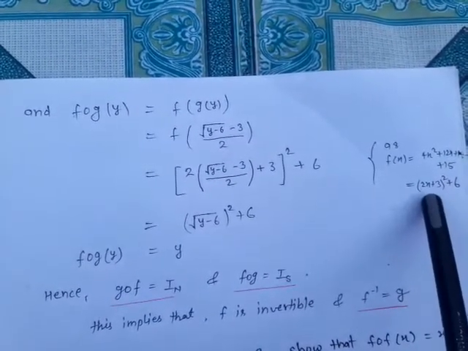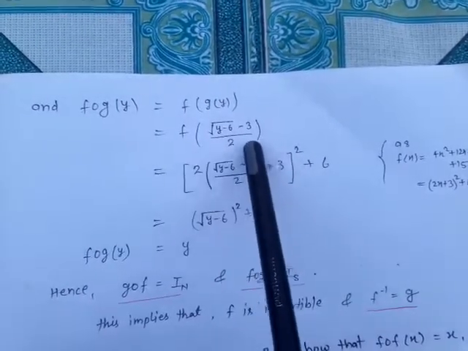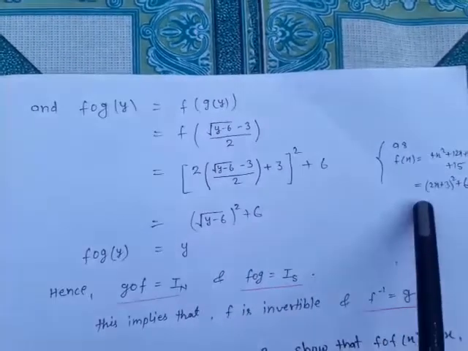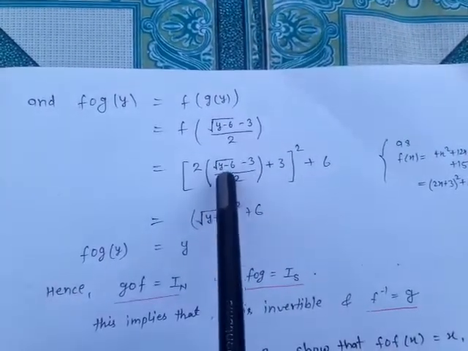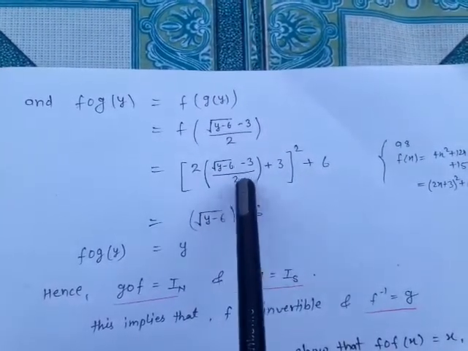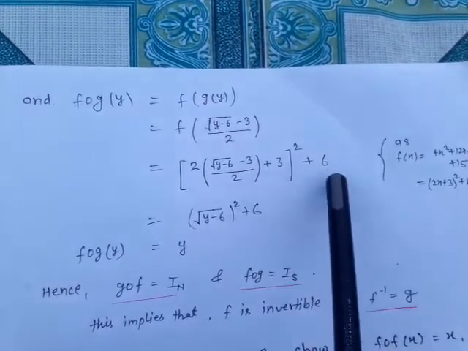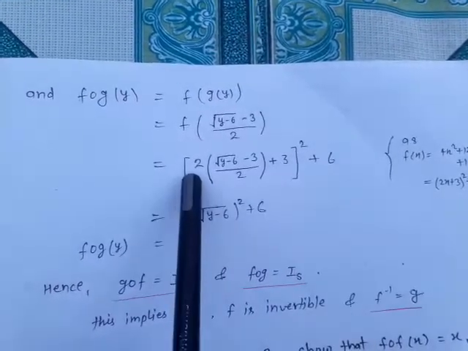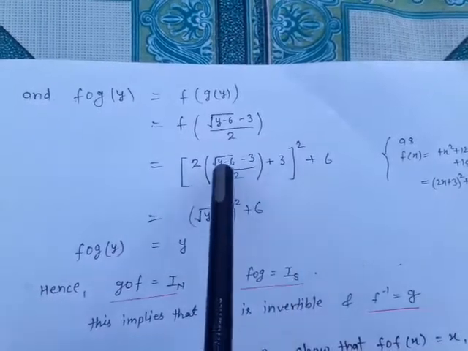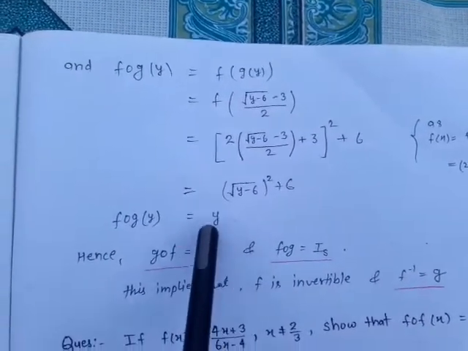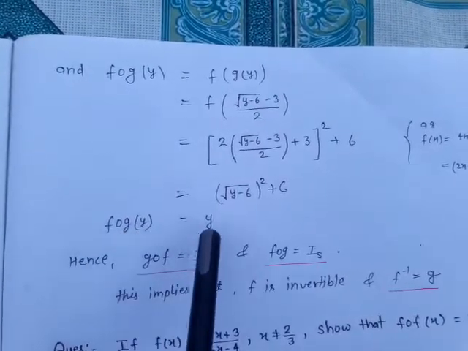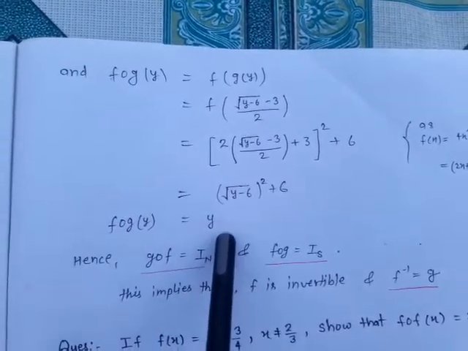The 2 cancels out, minus 3 plus 3 cancel out, and the root square gives this, and solving this we get y. f(g(y)) = y, which is also identity.